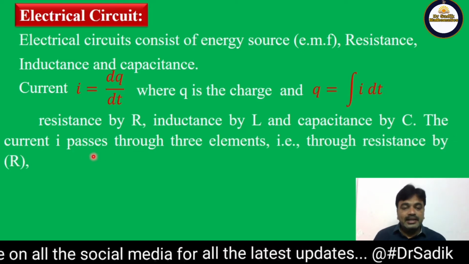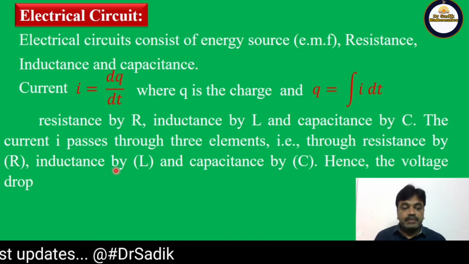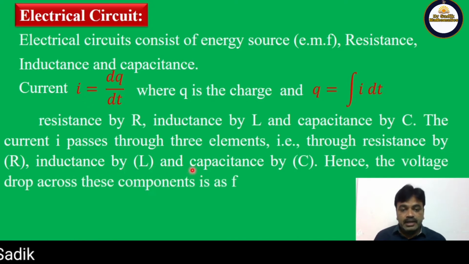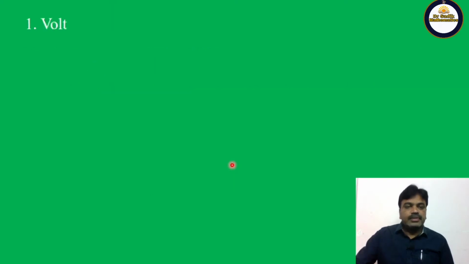The current I passes through three elements: resistance R, inductance L and capacitance C. Hence, the voltage drops across these components are as follows.